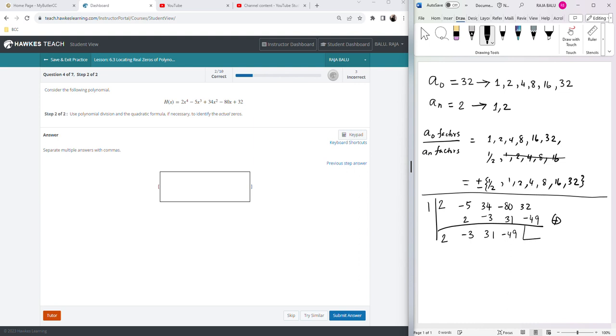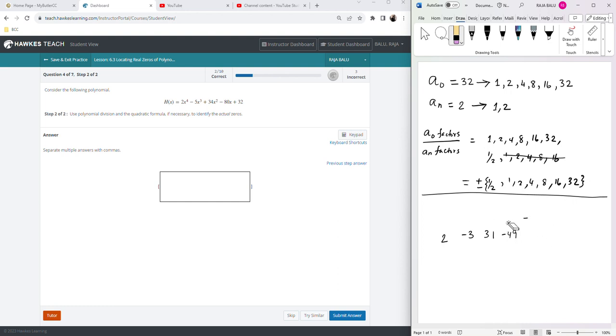I know that this is not going to be 0, so I don't care to go further. So that is not going to help, so I'm going to take it off the list. So 1 doesn't work, so I'm erasing it. Positive 1 doesn't work. I'll write it down here.